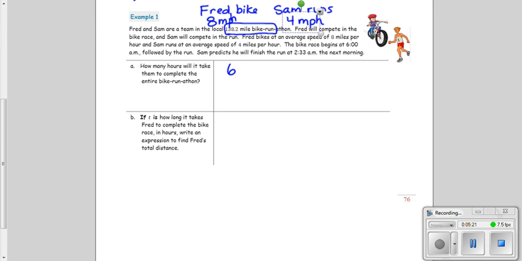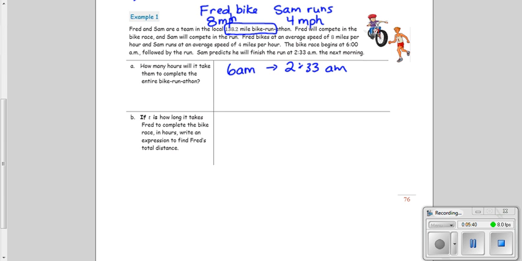They start at 6 a.m. in the morning. They bike all day, all afternoon, all evening, and run, and don't finish until 2:33 a.m. So the total time can be calculated.